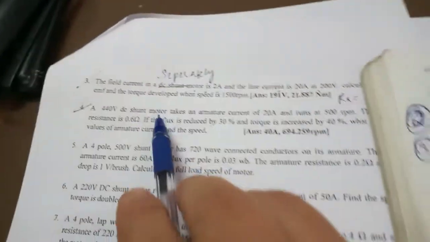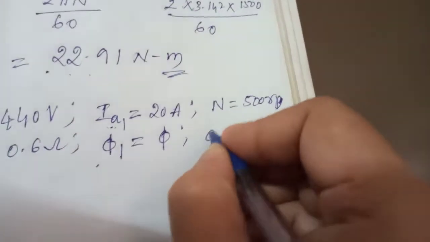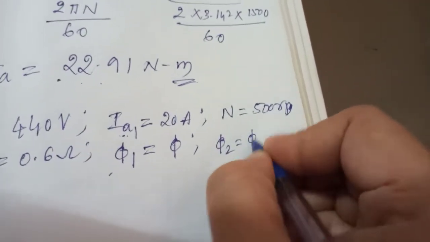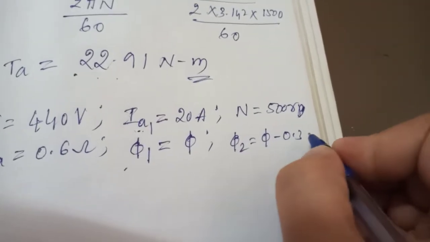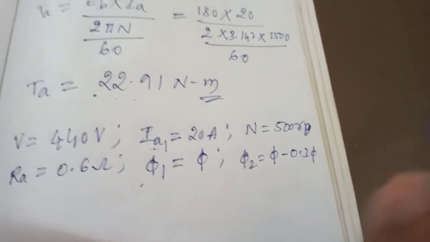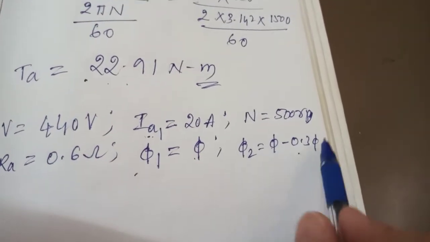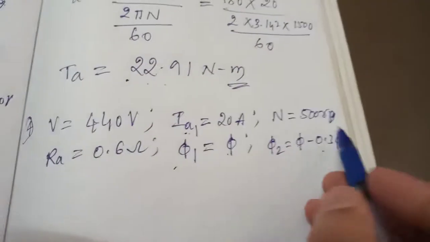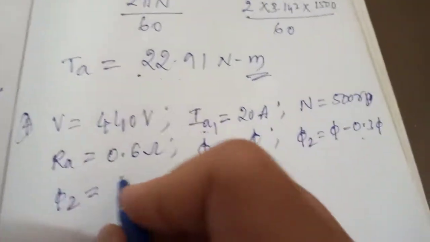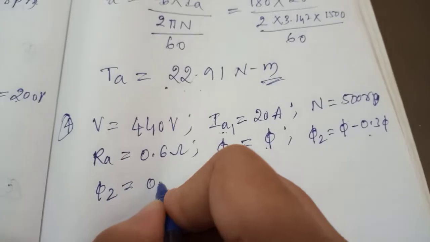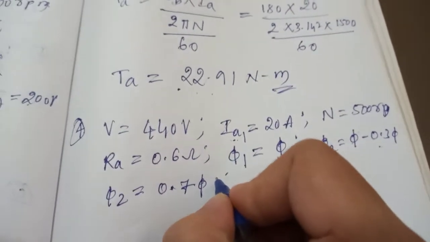If the flux is reduced by 30%, phi 2 is 5 minus 30% of 5, which is 3.5. If it is reduced by 30% it is minus, and if increased it is plus. So phi 2 is equal to 1 minus 0.3, which is 0.7, so 70% of the total flux will be there.